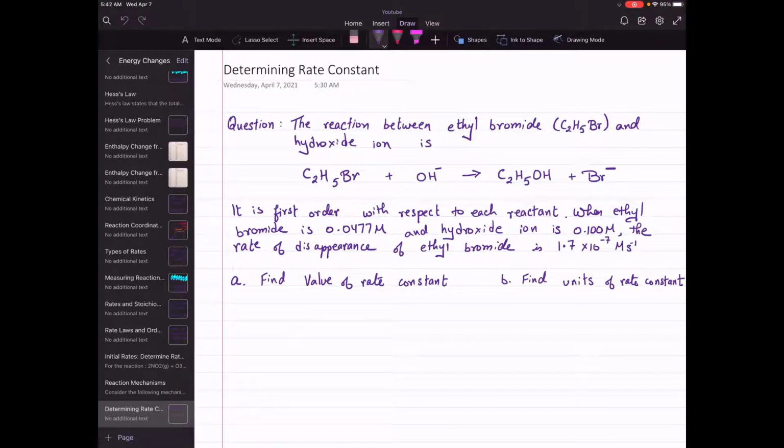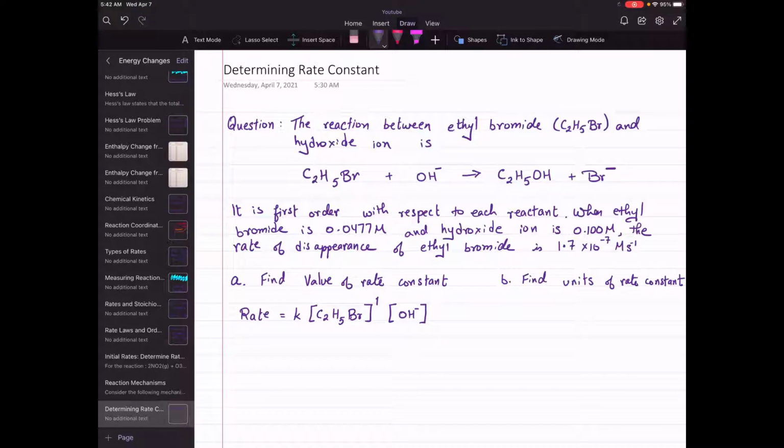Okay, so let's begin. What they have already told us is that the rate is equal to K times the concentration of C2H5Br, which is the reactant, to the first order. And the second reactant, they also said, is of the first order in the question.